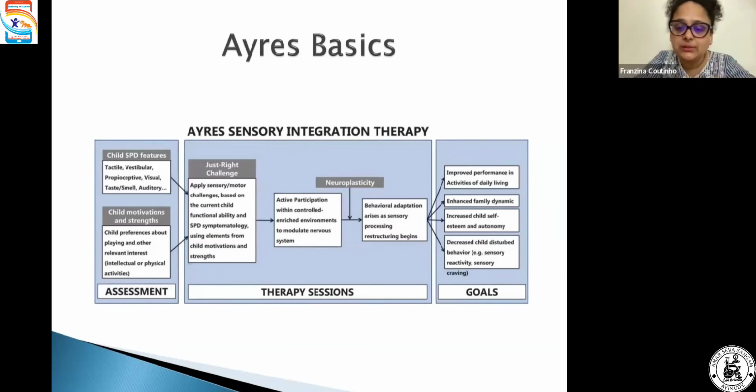So repetition becomes extremely important to create that neural pathway, and slowly restructuring of the sensory system occurs, and it helps improve performance in activities of daily living. It improves their self-esteem. It allows them to have better modulation in terms of emotion because they're not so upset or anxious all the time. So there are multiple areas that it hopefully impacts.